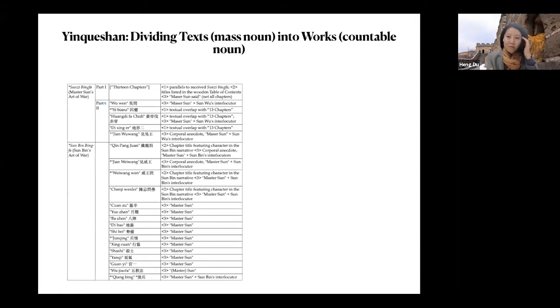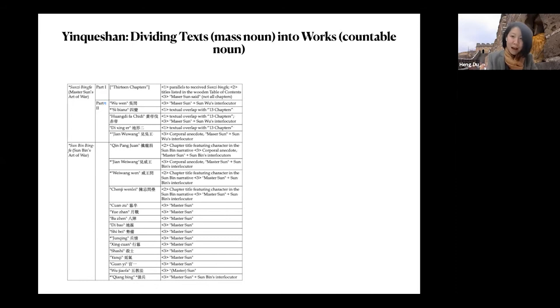But basically what I wanted to show is that paratextual elements such as references to authors and their interlocutors are a way of separating texts into larger units. So for instance, the texts that are attributed to the Sun people all have Master Sun Says associated with them.